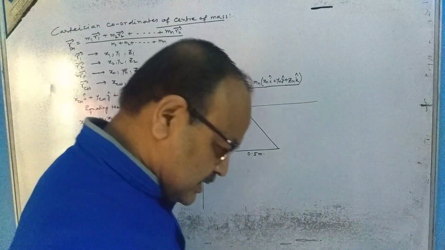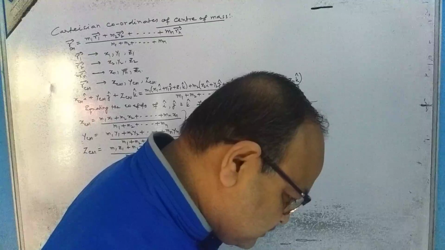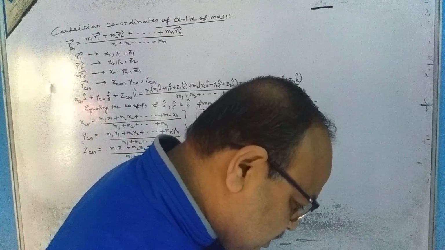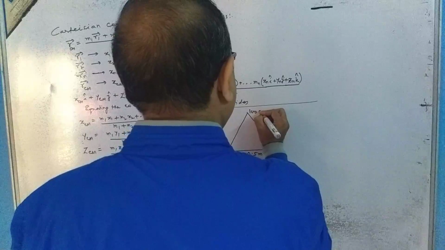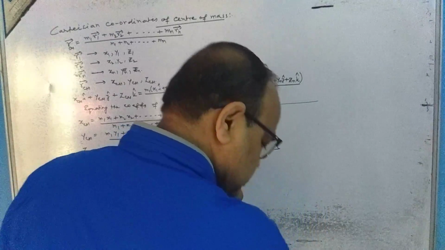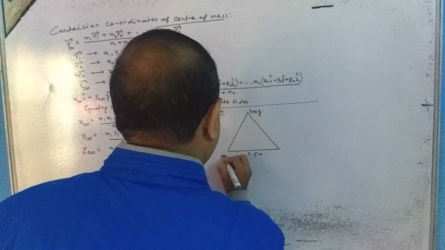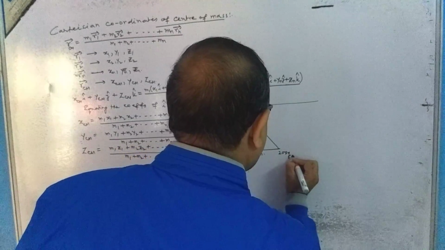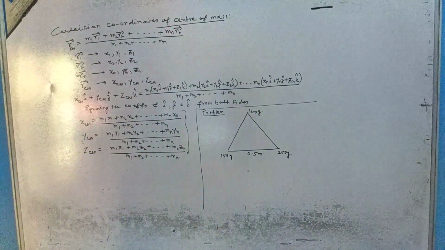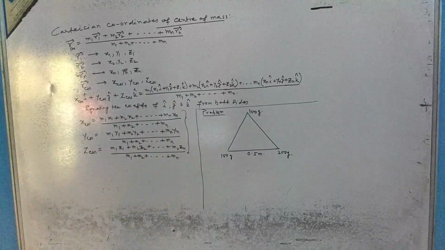Followed? It is said here that 100 gram, 150 gram and 200 gram masses are placed, 100 gram here, 150 here and 200 gram here. Just try to understand this question. This is one problem I am discussing.